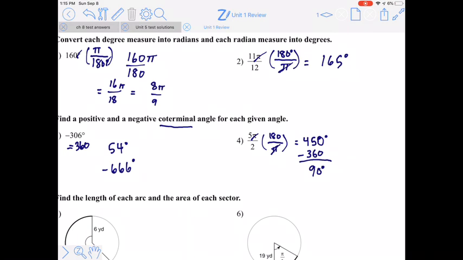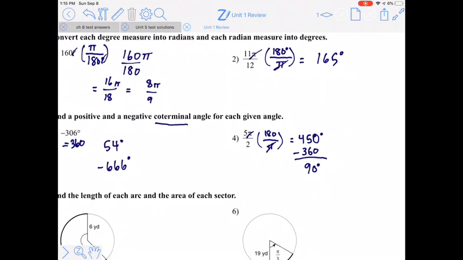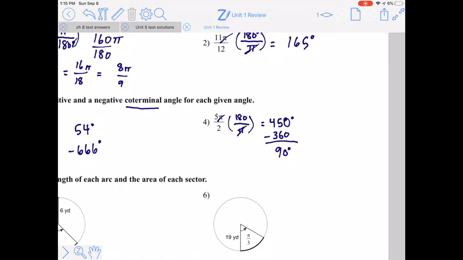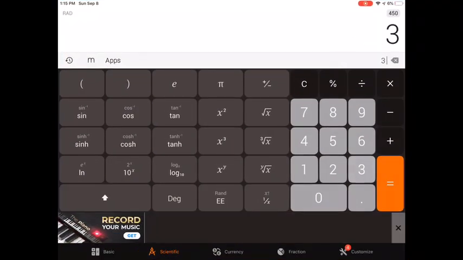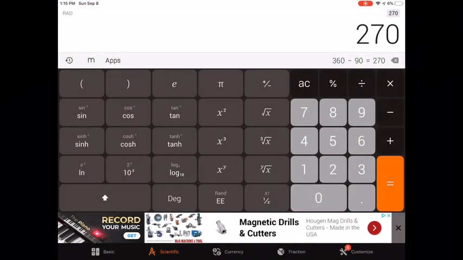So 90 degrees is a coterminal angle. And if I subtracted 360 from that, that'd be negative 270.